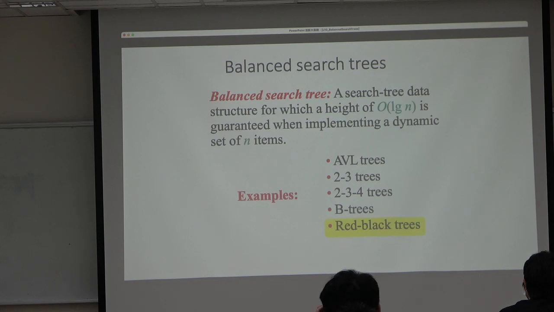We have just seen that in our discussion of the binary search tree. As I said, there are many such data structures out there, such as AVL tree, 2-3 tree, 2-3-4 tree, B trees, and red-black trees.